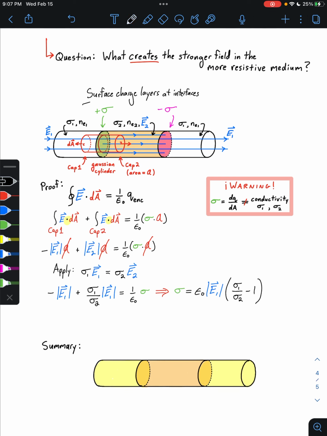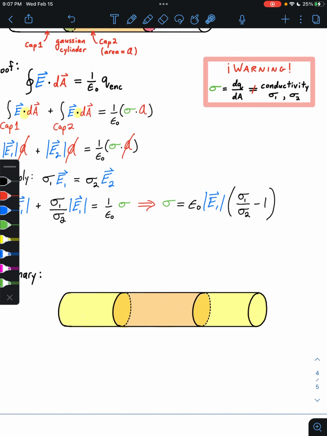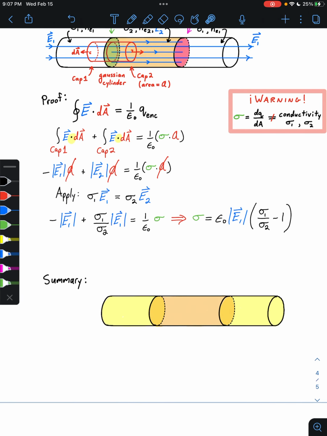So I'm claiming that we have proved then that we have surface charge layers at these interfaces that generates the stronger electric field inside the region with the lower conductivity. So grand summary here of much of what we've discovered about moving from one conductive medium to another less conductive medium and back again.